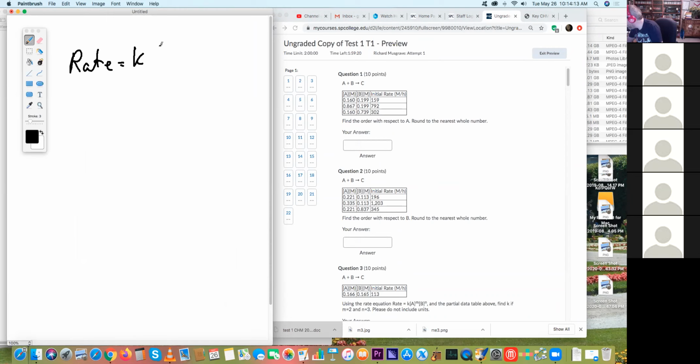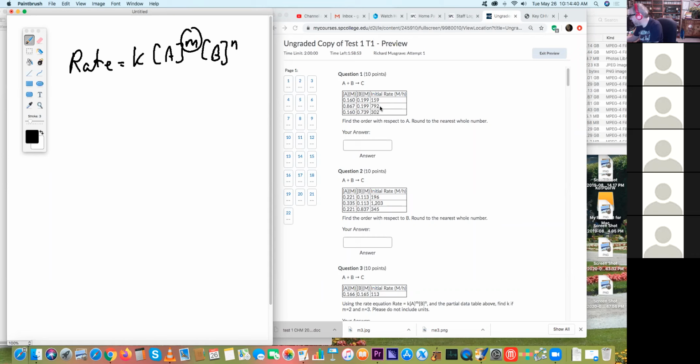is that we're dealing with a rate equation that looks like this. Rate equals K, A to the M, B to the N. And what you're focusing on here is the order with respect to A, which is going to be the M value. Now, in order to find that, you'd want to find two experiments for B that were the same. So you would use probably experiments 1 and 2 here.